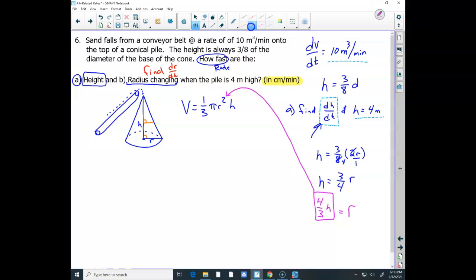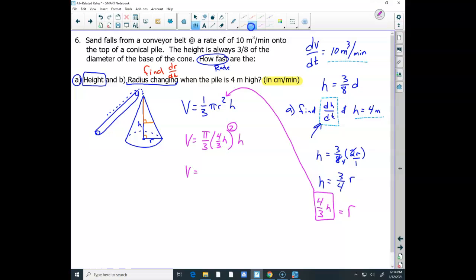So let's take a gander at that. The volume is going to equal pi over 3. Now r is 4/3 h squared times h. So my volume function really is going to equal 16/9 when I square it, right?